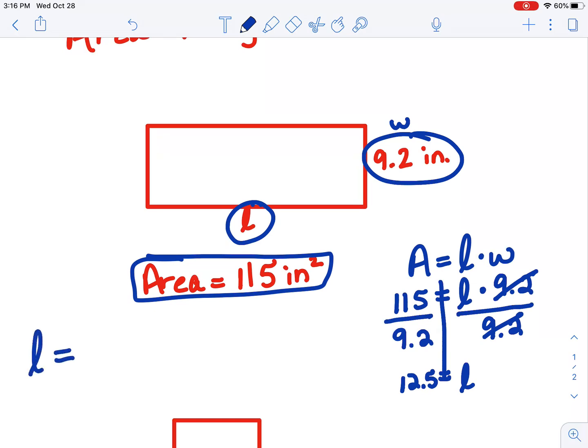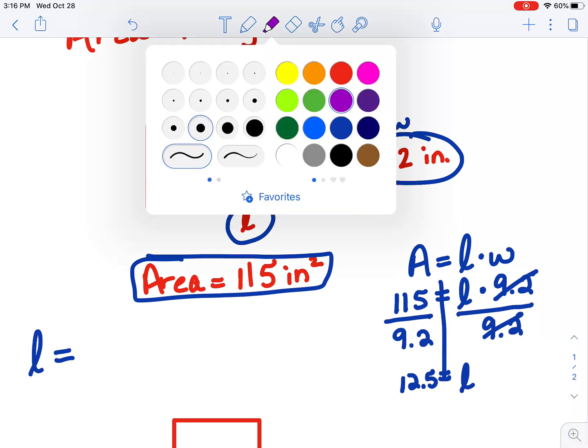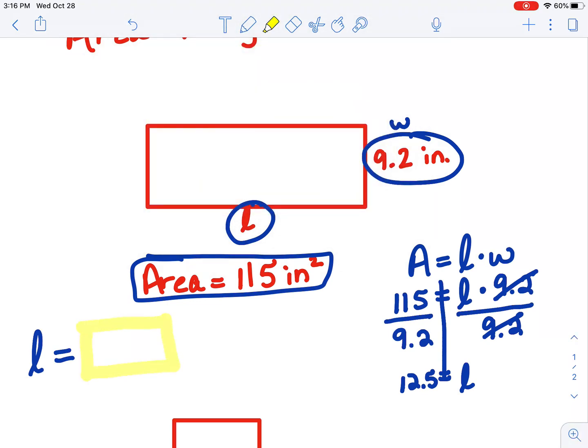It'll say L, and then it will be a yellow box, and you will write your answer inside that. So you're not just going to write 12.5 though, because it would go here, 12.5 what? If this is in inches, this would be inches. So 12.5 inches. Make sure you always label your answers.